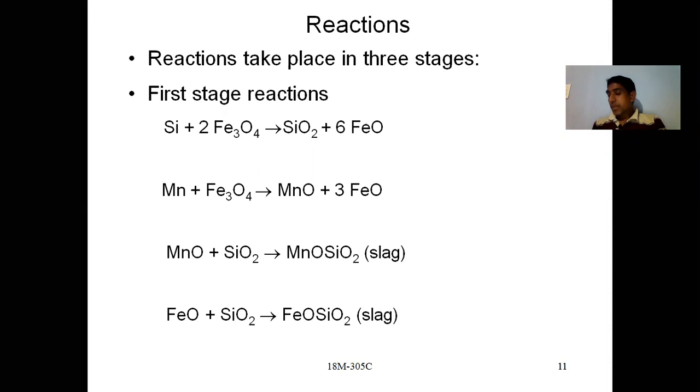The reactions take place in 3 stages in the puddling furnace. The first stage reactions are: your silicon reacts and silicon dioxide will be formed. Similarly, manganese will be oxidized. Okay, so you are getting slag here.